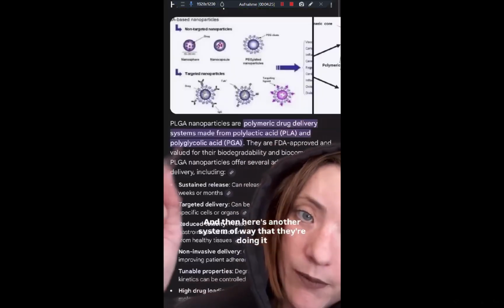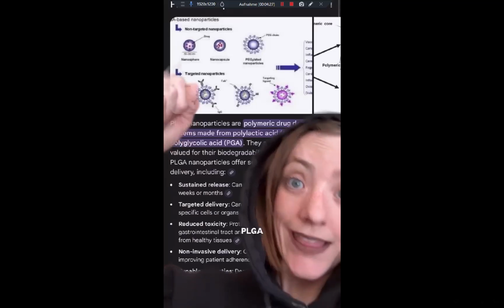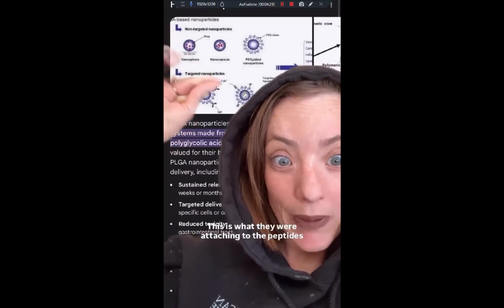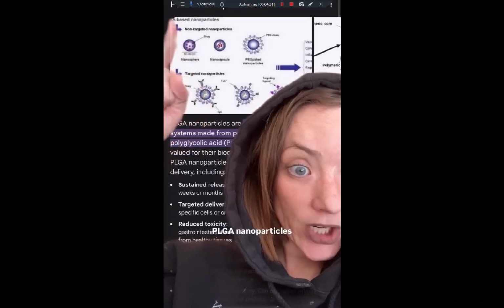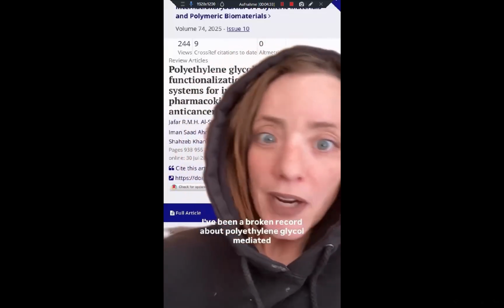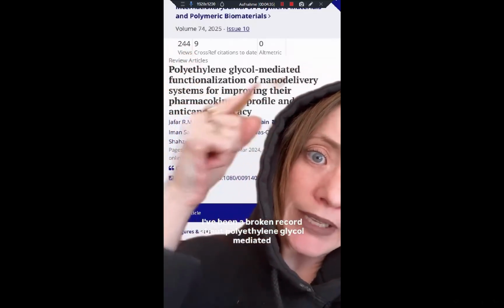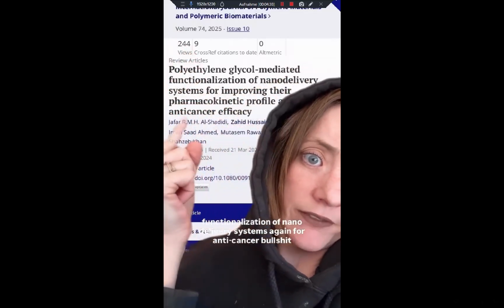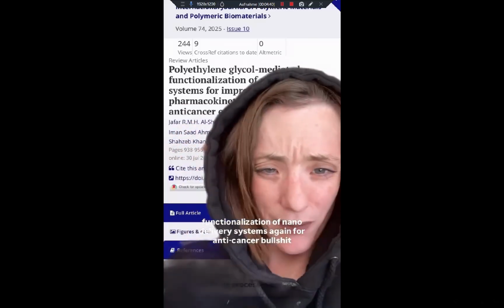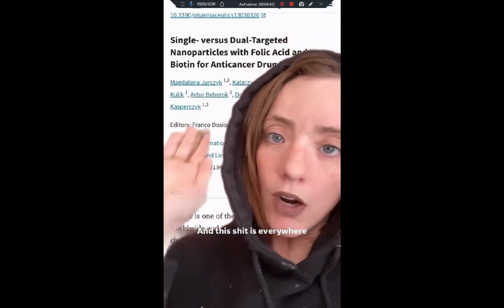And then here's another system of way that they're doing it. PLGA. This is what they were attaching to the peptides. PLGA nanoparticles. I've been a broken record about polyethylene glycol-mediated functionalization of nano delivery systems, again, for anti-cancer purposes. And this is everywhere, all over PubMed.